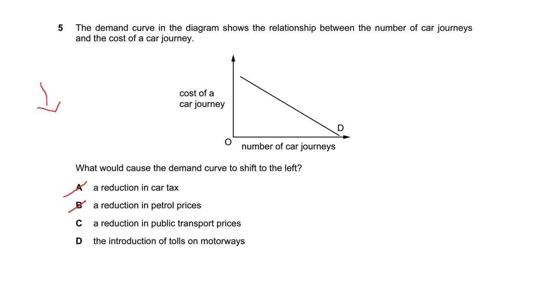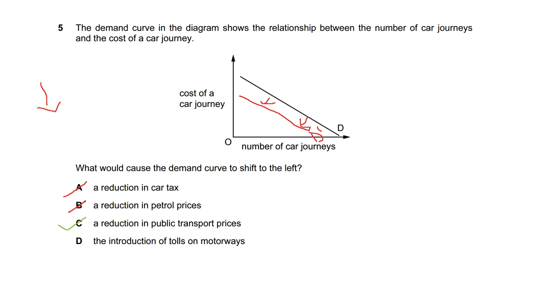So this is a change in a non-price factor which is affecting demand, and so this would lead to a shift in the demand curve. Because demand would fall, we know that the demand curve would shift to the left. From D we will go to D1, and so this is the correct answer.